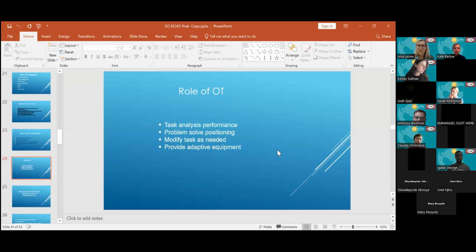Okay, moving on. Our role, which is kind of what we try to get into in this topic. As always, we are the gurus of task analysis and performance, right? We are problem solving. We are great at adapting, modifying, and grading activity for the patient.